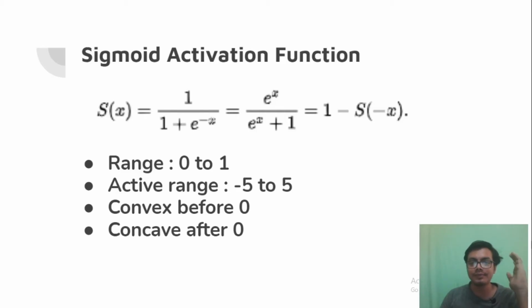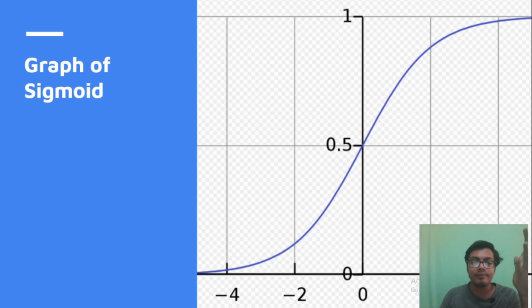Then it is convex before 0. What is convex? In this curve, if you try to join a line segment between any two points, that line segment will be above the curve. That is why it is convex.